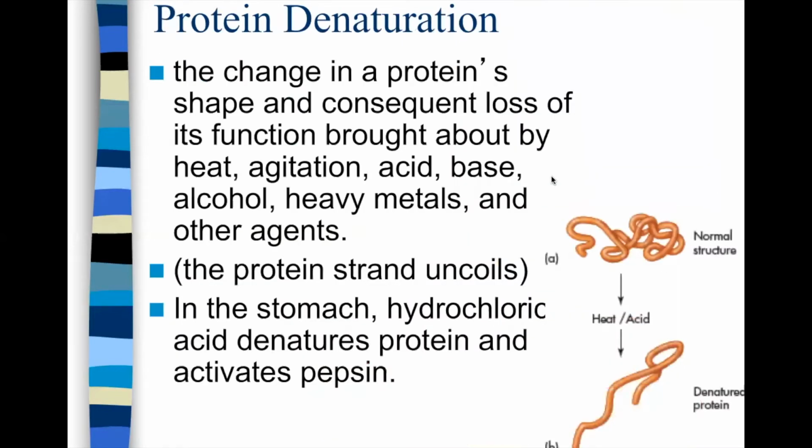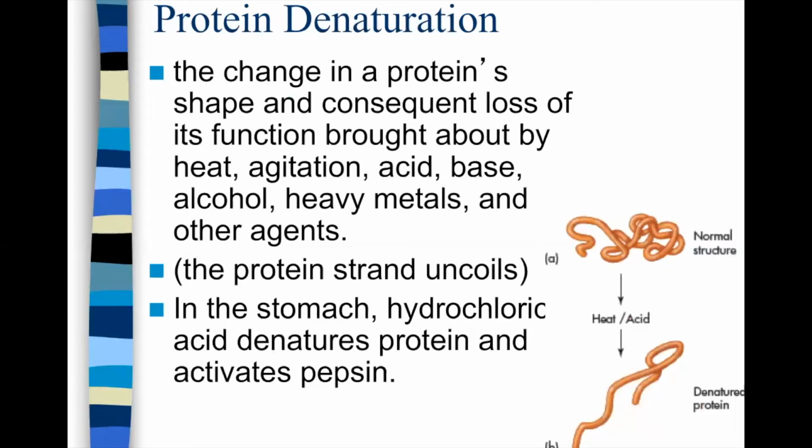Protein denaturation. So this is when we are actually breaking down proteins. And in order to digest and absorb proteins, we have to denature them. Denaturing means taking these complex protein molecules, unfolding them, and then eventually splitting them into singular amino acids.